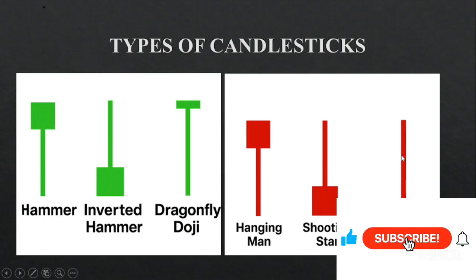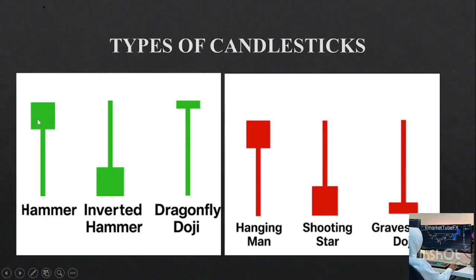But one thing I want to draw your attention to is that if you check the hammer, the inverted hammer, the hanging man, and the shooting star, compared with the doji, there is a slight difference. When you check the body, where price opened and where price closed, the difference is not that wide.